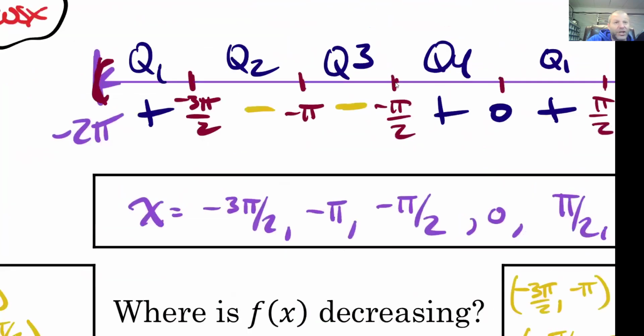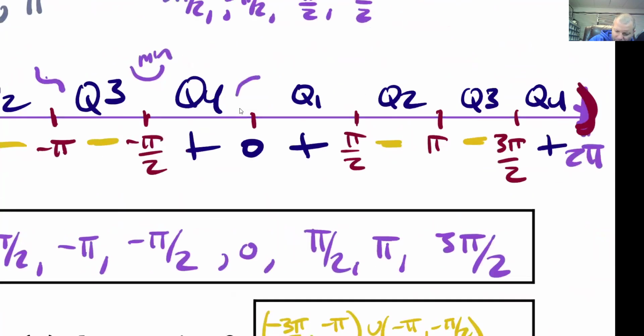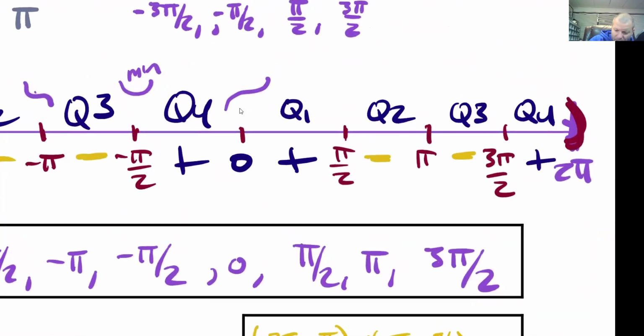All right, so let's see, where do we change signs? Increasing to decreasing, that's going to be a max. Decreasing to decreasing, we're going to go like that, that's nothing. Decreasing to increasing, that's going to be a min. Increasing to increasing is going to look like that, that's nothing. Increasing to decreasing, that's a max. Decreasing to decreasing, that's a horizontal line of tangency. Decreasing to increasing, that's a min.